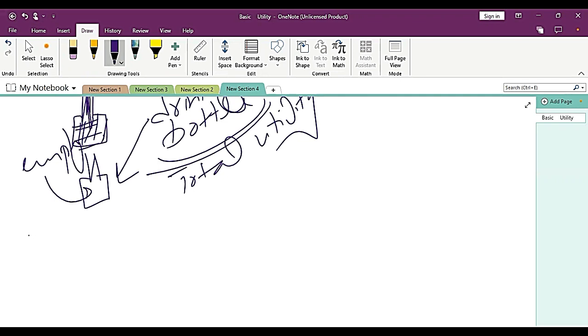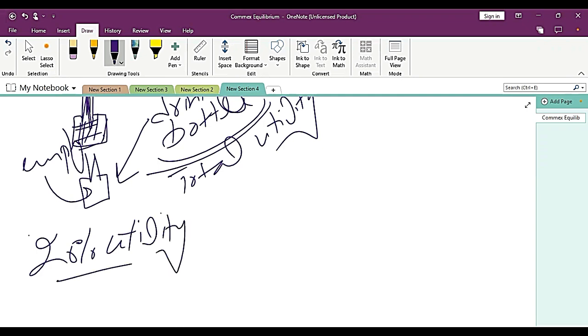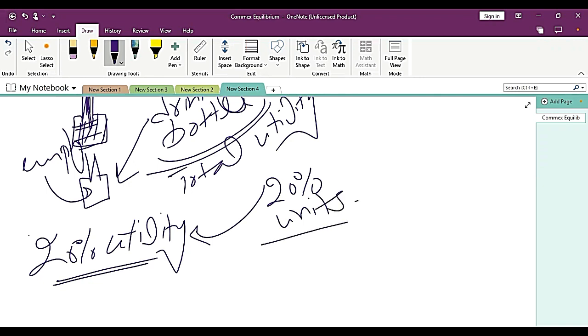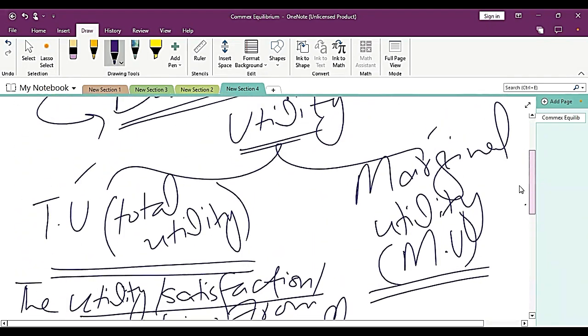There is another product that can give 20% utility. If we consume all such 20% units, the utility obtained is called total utility.